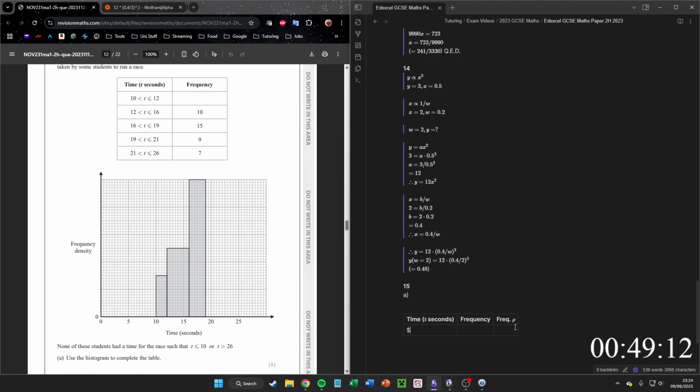So 10, 12, oh sorry, 10 and then this and then 12. That work? Yeah. And we don't know. But then we can do 12 less than t less than or equal to 16 is 10. So frequency density is just frequency divided by bandwidth.